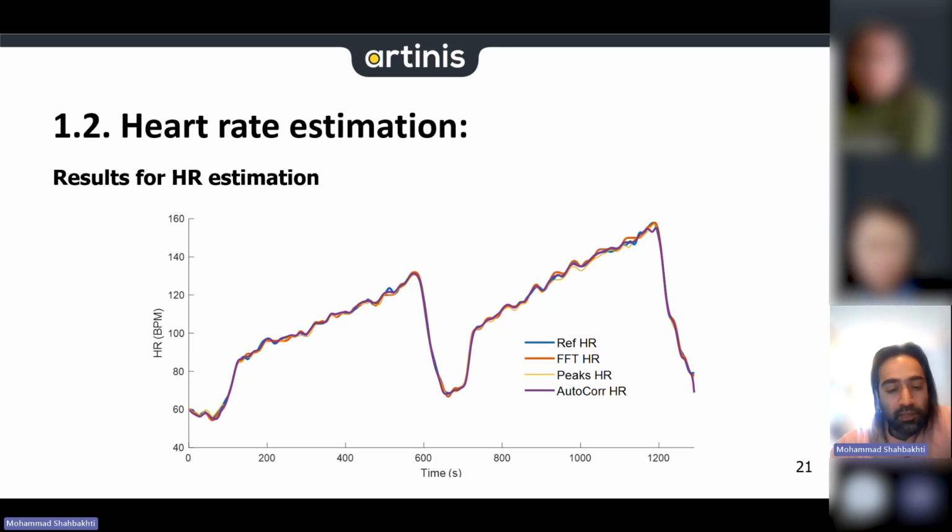This is what we expected: at the beginning, each minute the resistance increased, so the subject's heart rate increased. For all these methods, the mean absolute error between reference HR and HR estimated by NIRS was smaller than 1 beat per minute. So it's a quite accurate estimation.